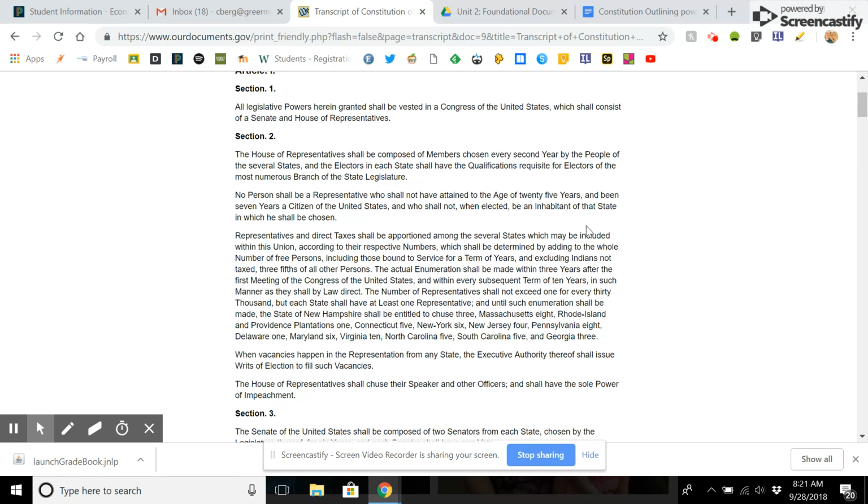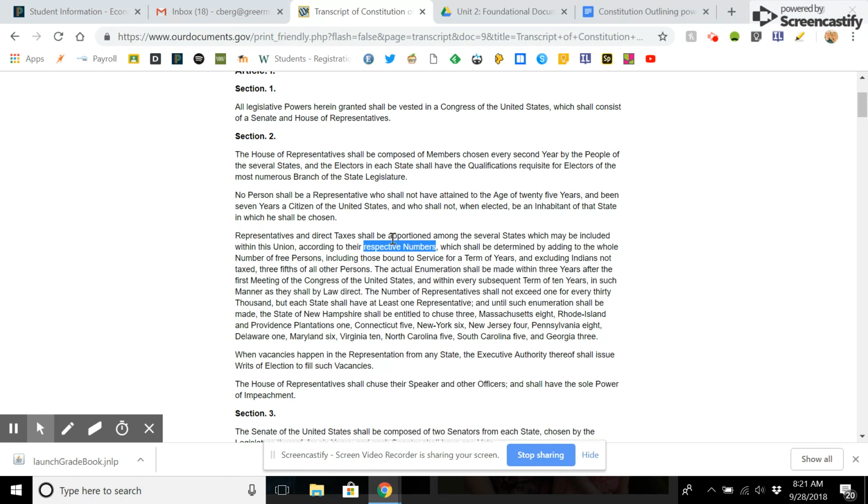Where do we find this? Representatives and direct taxes shall be apportioned among the several states which may be included within this Union according to their respective numbers. Respective numbers, what does that mean? Well, respective numbers means the amount of people, their population.